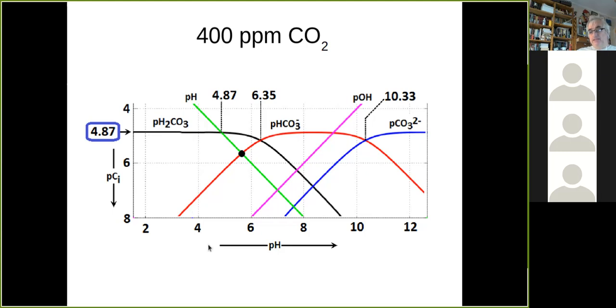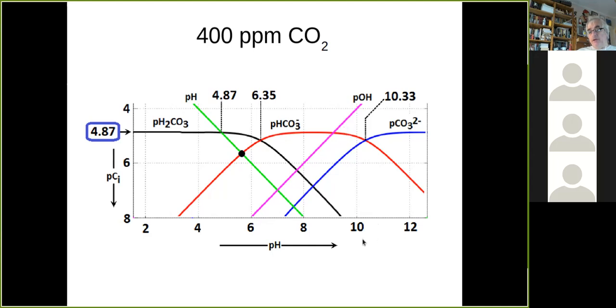If we increase the pH somehow, the carbonic acid will disintegrate into hydrogen carbonate. So the level of carbonic acid will decrease, while the hydrogen carbonate will come from low concentrations and increase and dominate here.